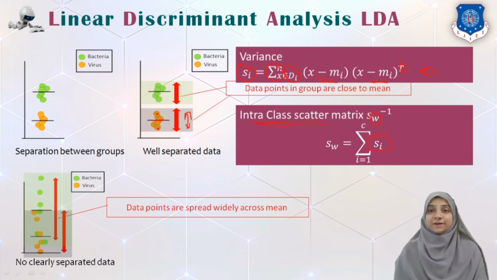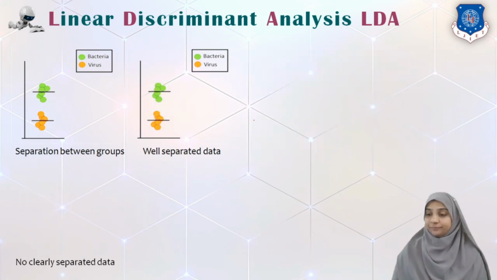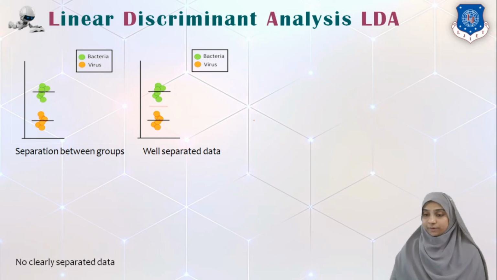Now we have the set of variances, we know how to calculate them, and we add up all those matrices. Whatever matrix we get, S of W, we take its inverse, and that will be called the intra-class scatter matrix. Now let us move forward.